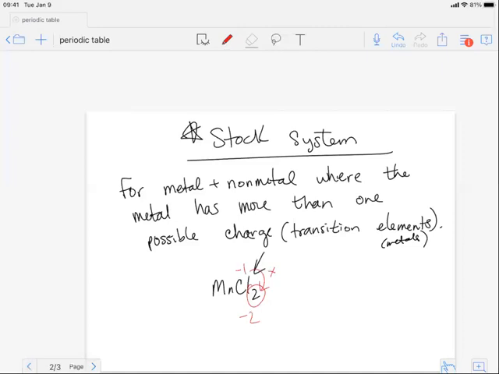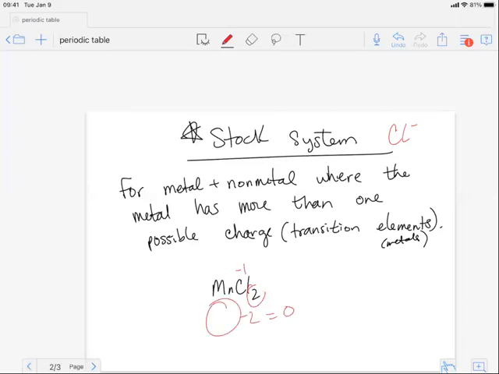Up in the upper right-hand corner, you don't see anything. Like last time, when we look at Cl as an ion, you see a little negative in the corner. There is nothing here for MnCl2 because just like the last compounds, when you add the total plus and the total minus, it has to be equal to 0.